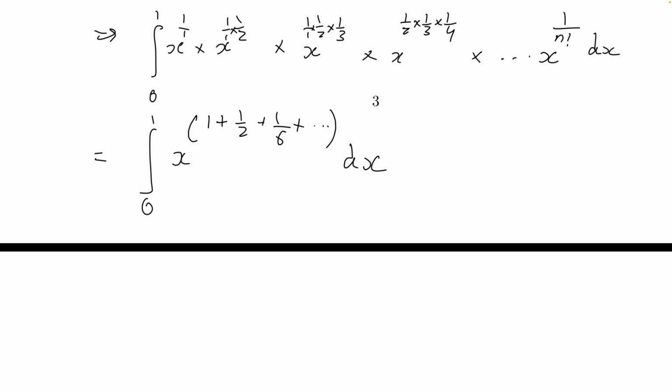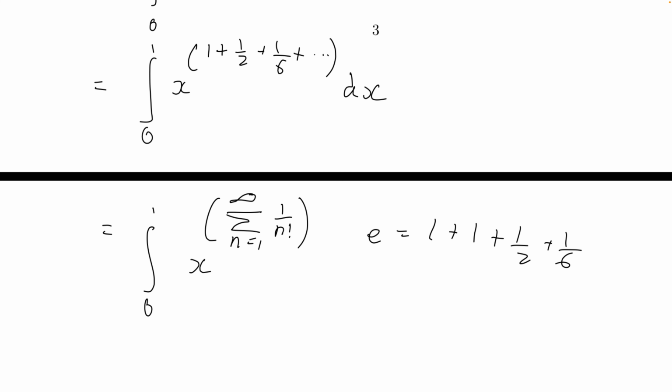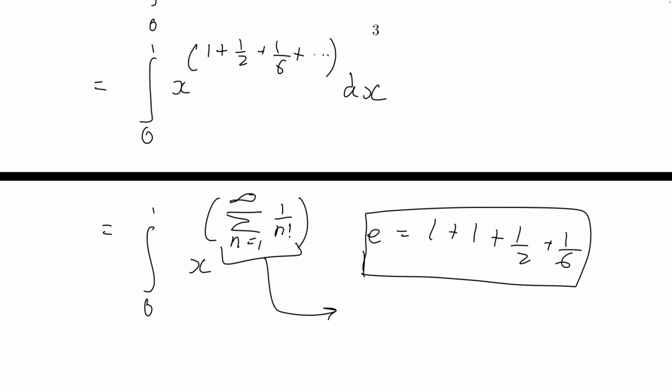So we can now, from our knowledge, say that, well, this is just x to the power of the sum from n equals 1 of 1 over n factorial. Getting to this stage alone is mightily impossible, but given also that e is equal to 1 plus 1 plus 1 over 2 plus 1 over 6, which I'm not going to prove here today, but is from the Taylor series, we can simplify this power to just e minus 1.